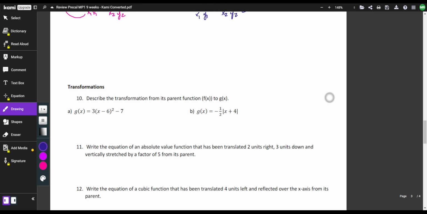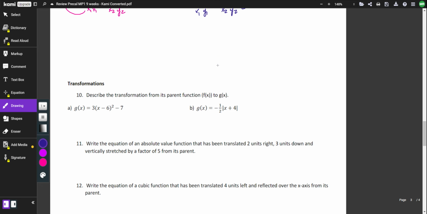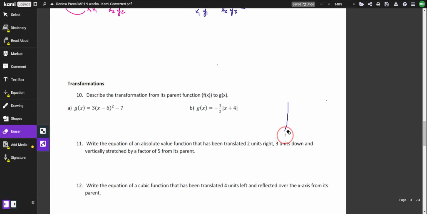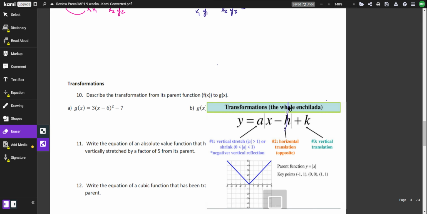I'm going to take a screenshot here and add it to these notes. Let's see if it works. Okay, so this is the general format for transformations.